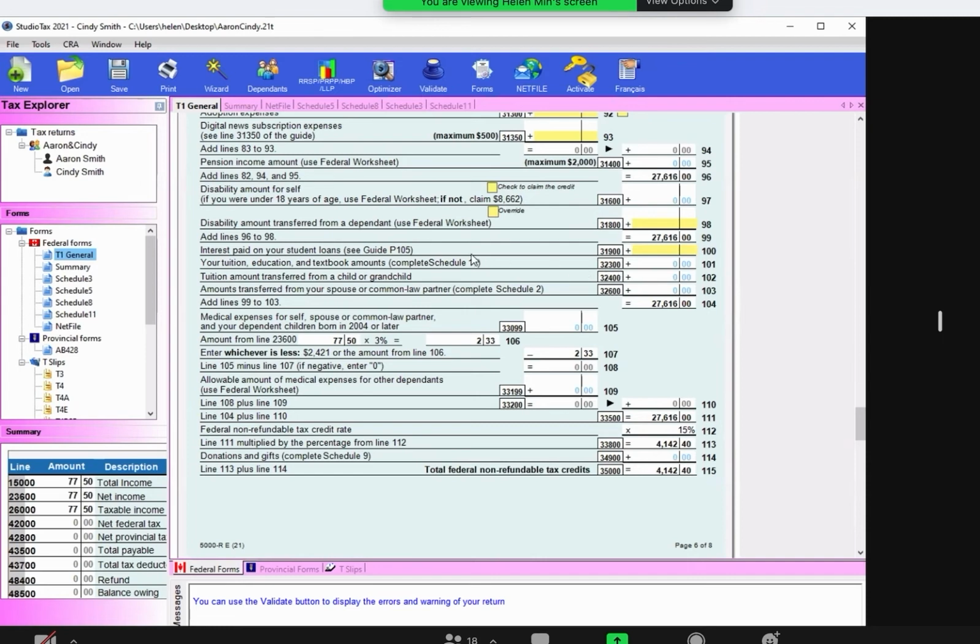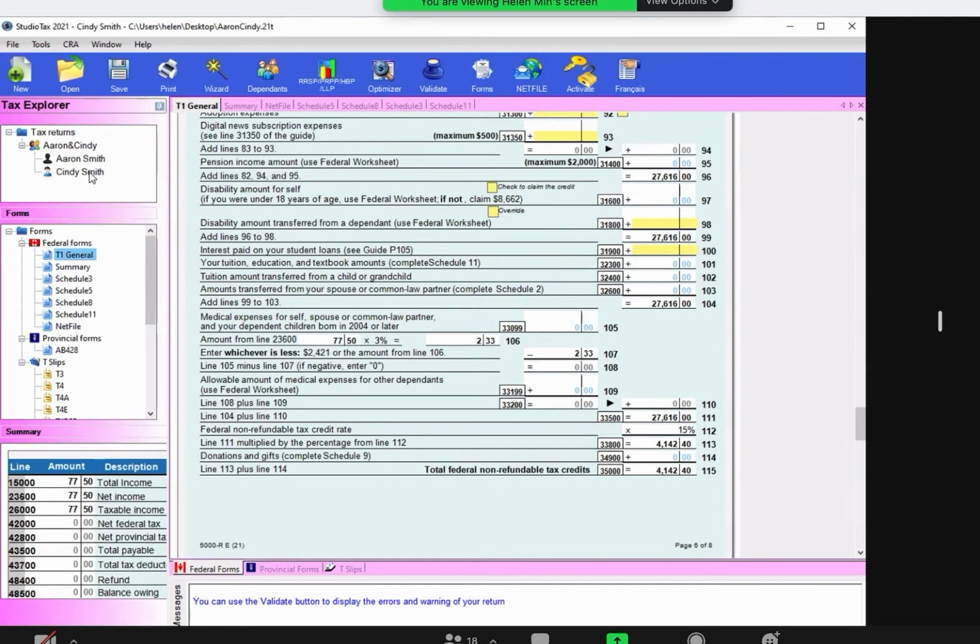Make sure. Line 101 is for me; I usually say 101 is easy, I'm just lazy. But when you do a T1 adjustment, you need to say line 32300. How much is there?